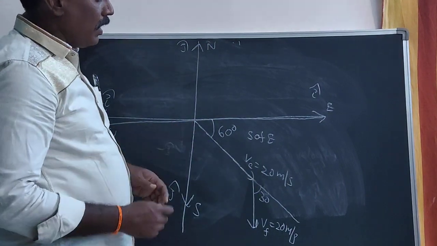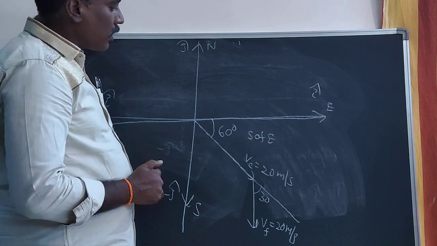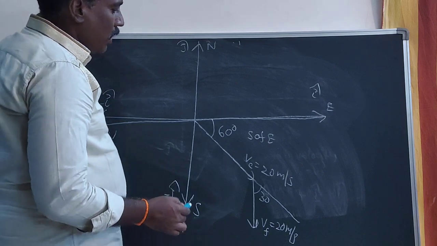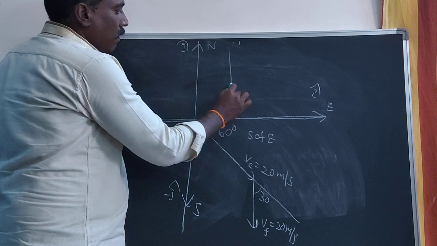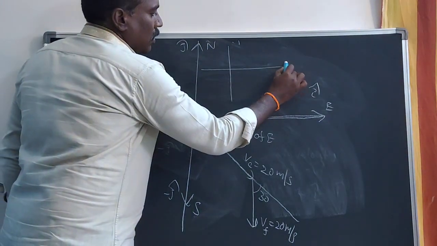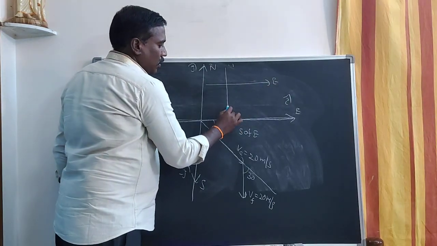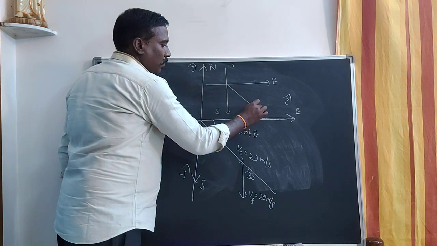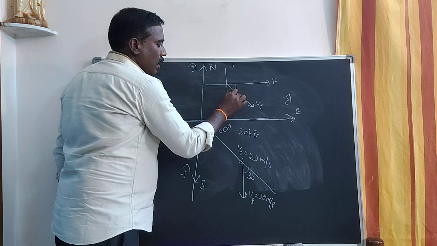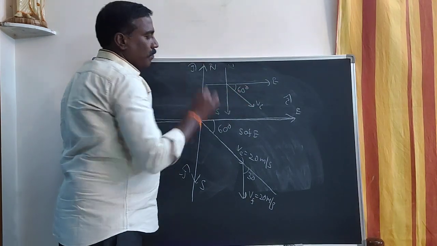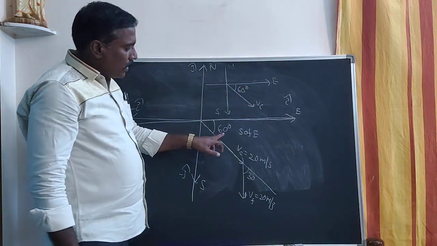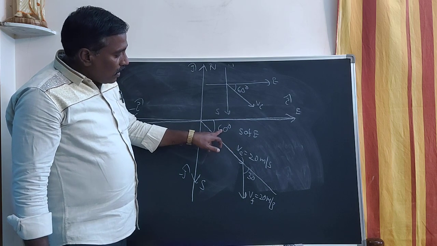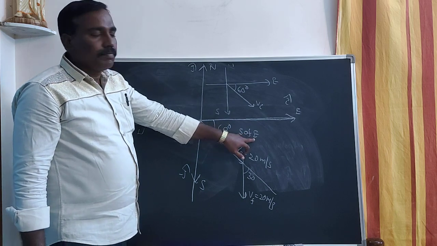How do we find the change in velocity in this case? What is the initial velocity? This is east, this is south. V initial makes an angle of 60 degrees with east, so it is represented as 60 degrees south of east.